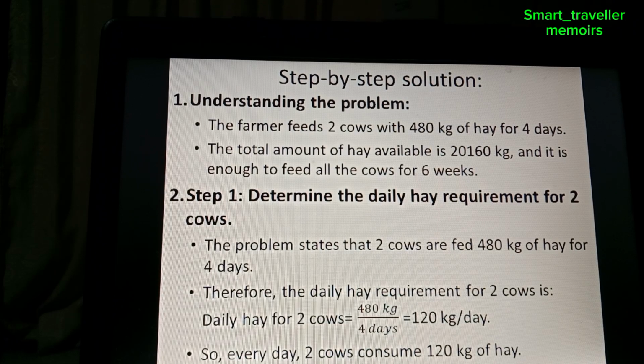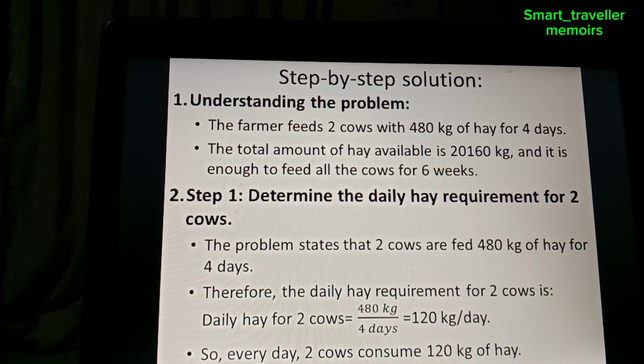Step 1, in answering. Determine the daily hay requirement for 2 cows. The problem states that 2 cows are fed 480 kg of hay for 4 days.